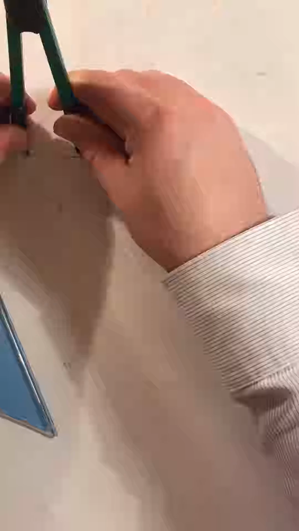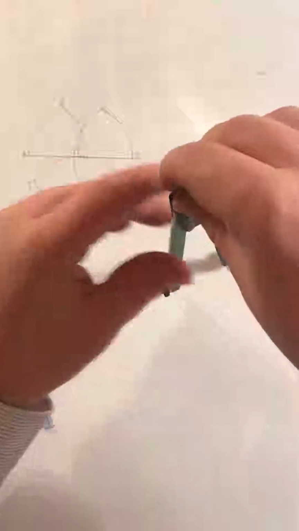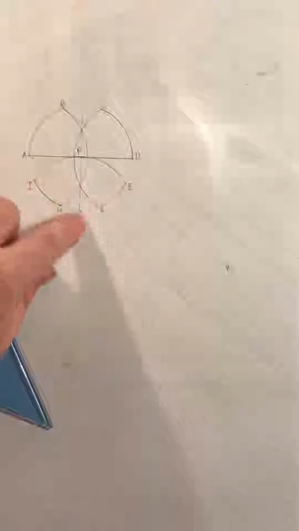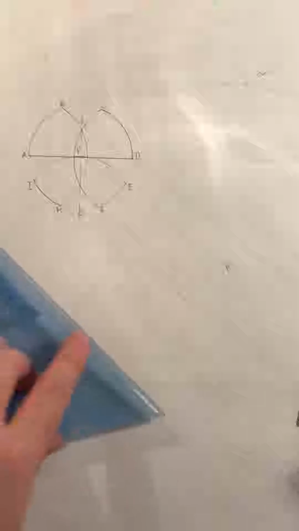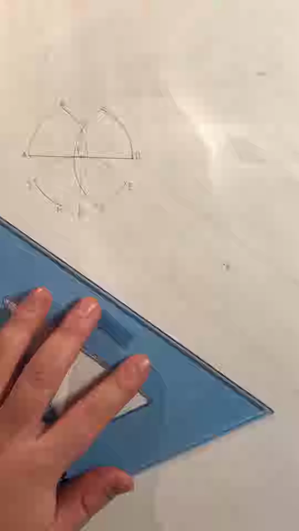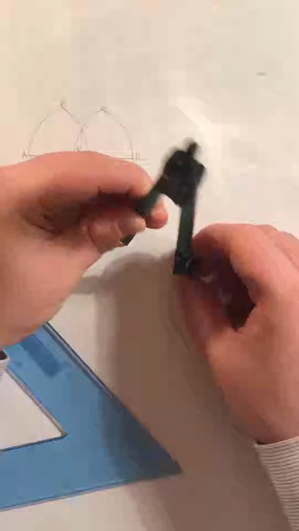P has already been flipped over to P1, so I'm going to take my compass and draw my circle. Now, see this axis here with G at the bottom? That axis is going to be just flipped over.